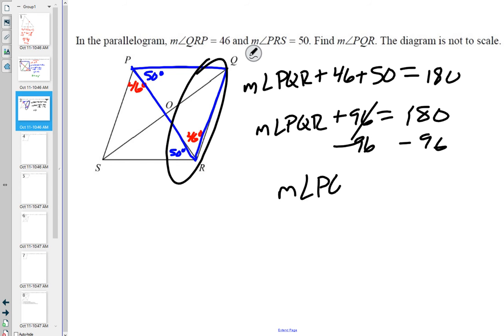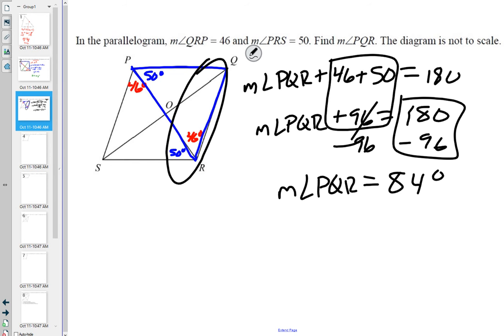Measure of angle PQR is 84. So you would have just written in 84. That literally is what it is. I made it look nicer, but yes, I did add 50 and 46, and I did subtract it from 180.